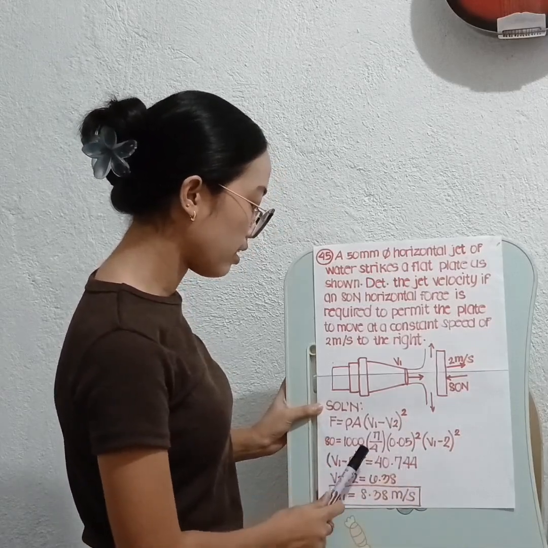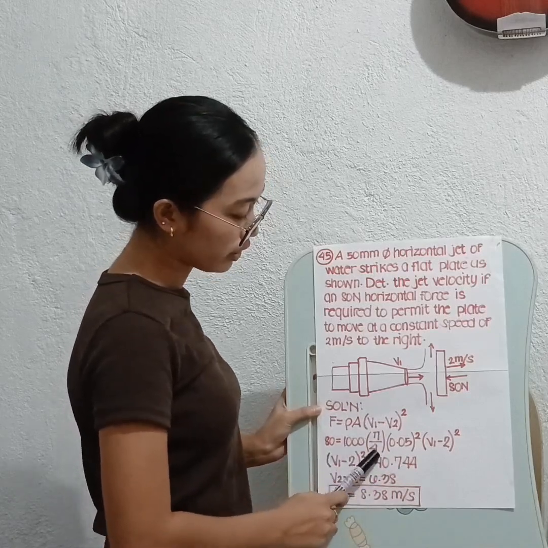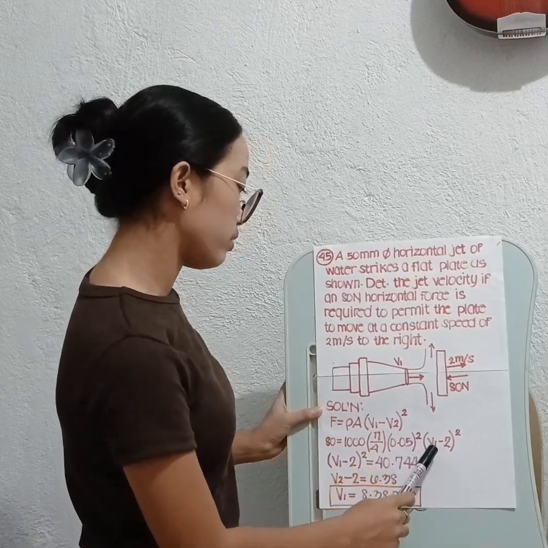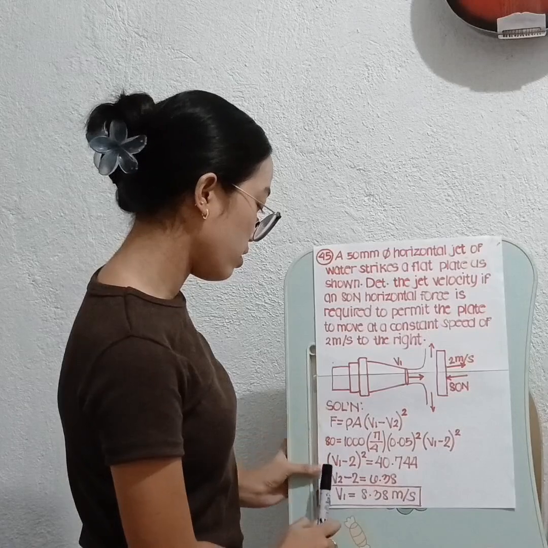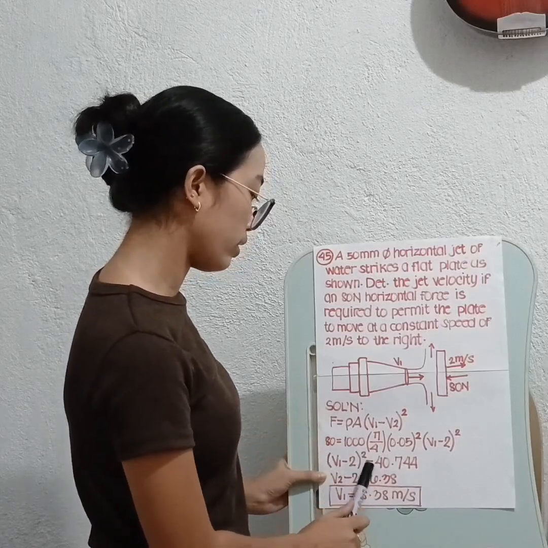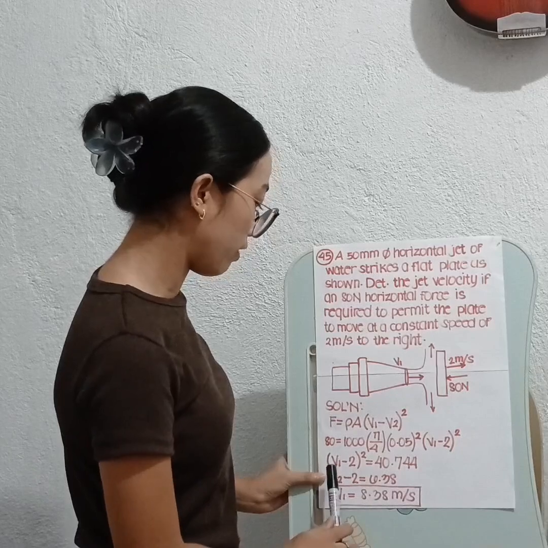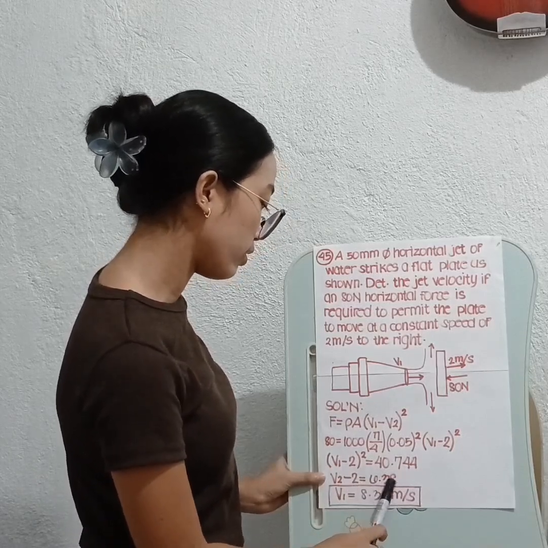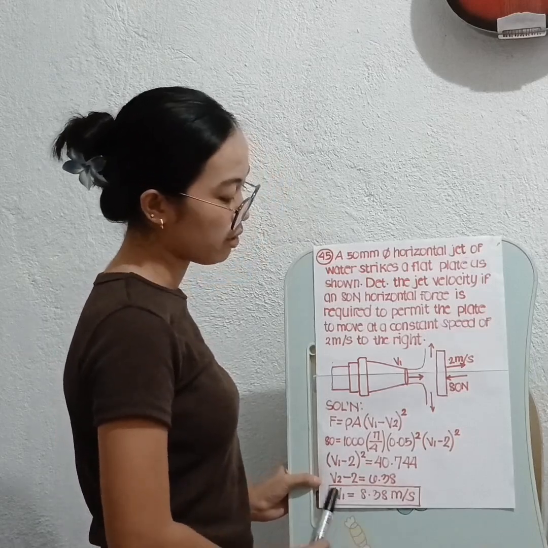Then our density is 1000 times the area, which is pi over 4 times 0.075 squared times V1 minus 2 squared. So we have our V1 minus 2 squared is equals to 40.744. We have our V1 minus 2 is equals to 6.38. So our V1 is equals to 8.38 meter per second.